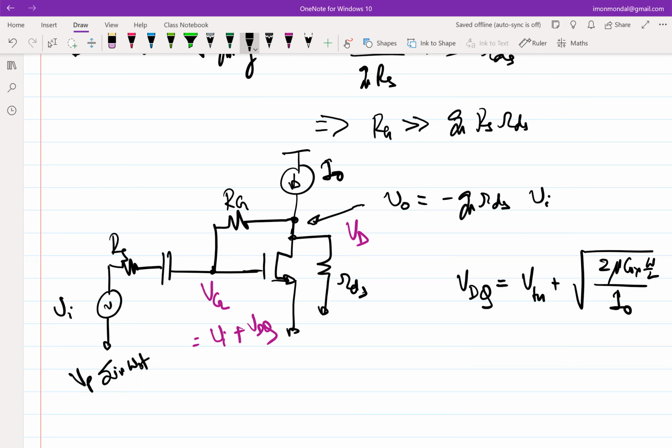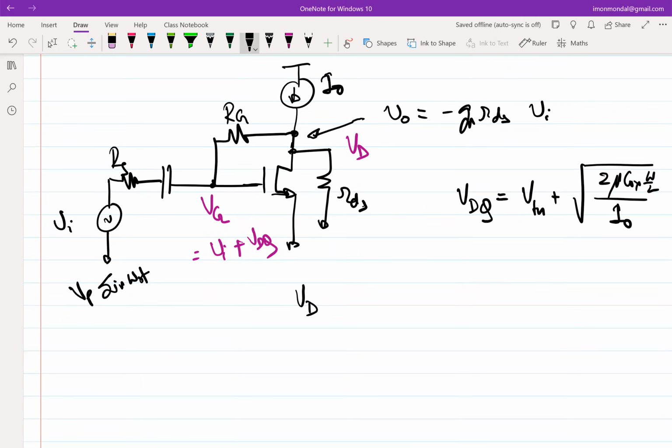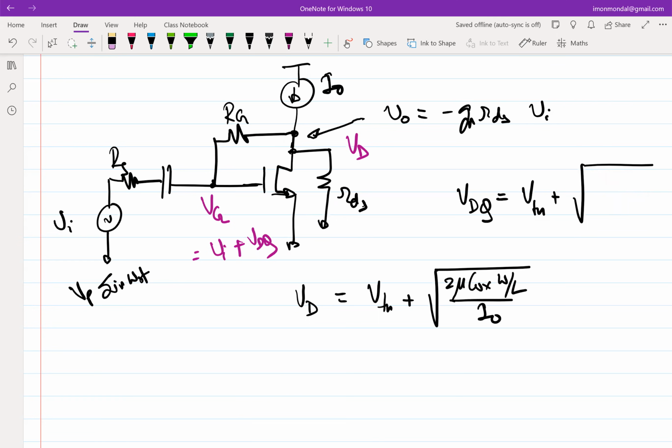Okay. So if this is VDQ, then my total drain voltage VD total is essentially V threshold plus under root 2 I naught by mu Cox W by L, plus V naught.